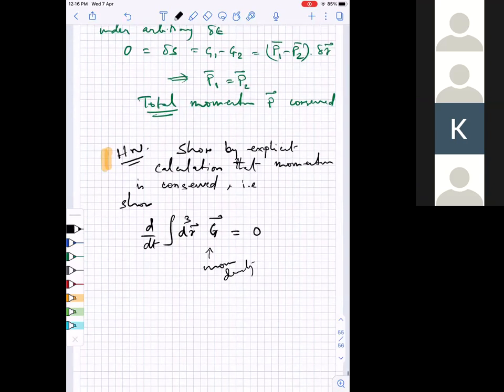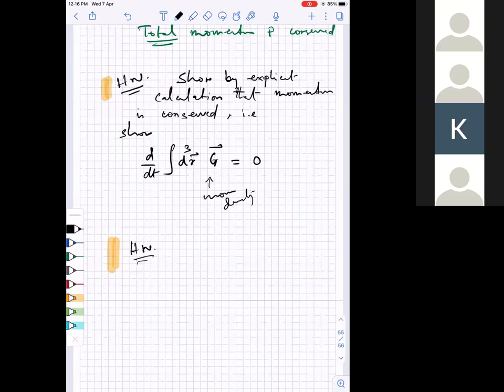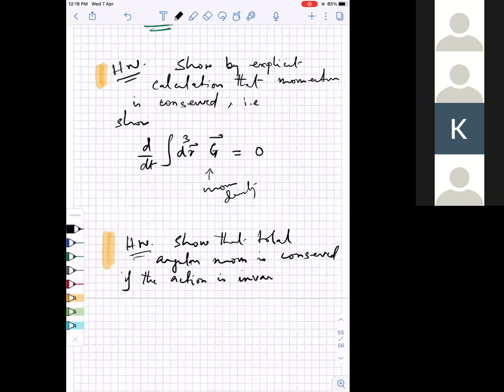And if you guys are more adventurous, then there is homework 2 where you show that total angular momentum is conserved if the action is invariant under a rigid rotation.